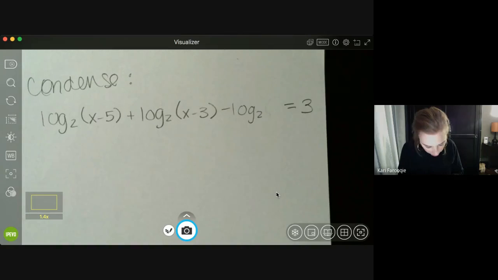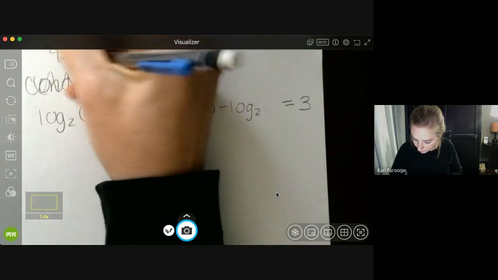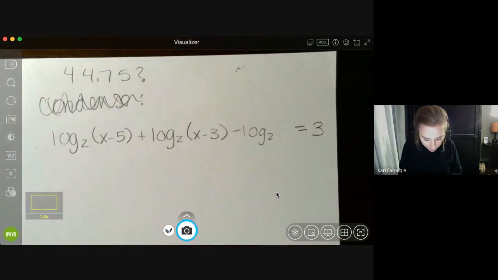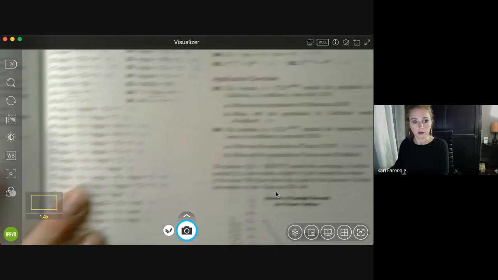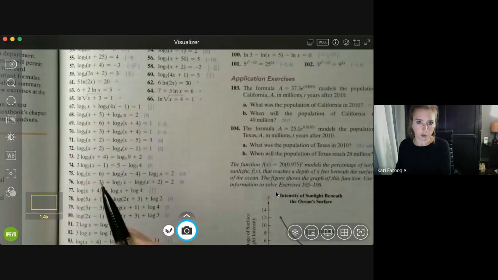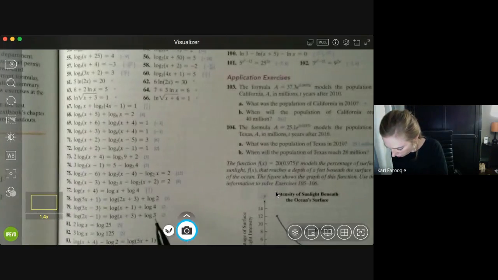This to me looks like 4.475. And 4.475, I'll put it up here to show you what it looks like. Remember that my math lab has to match your book problems, and 75 was probably assigned. I mean, I can double check, but this is what it looks like to me.